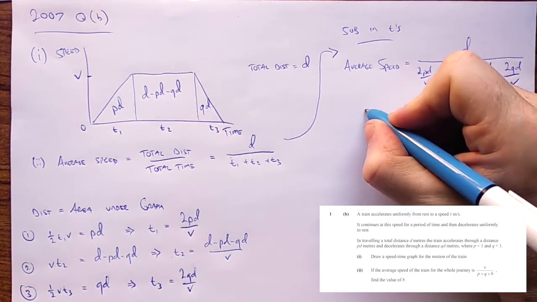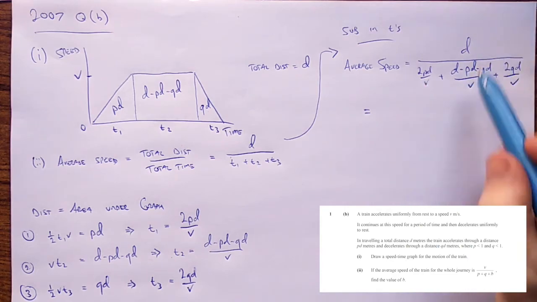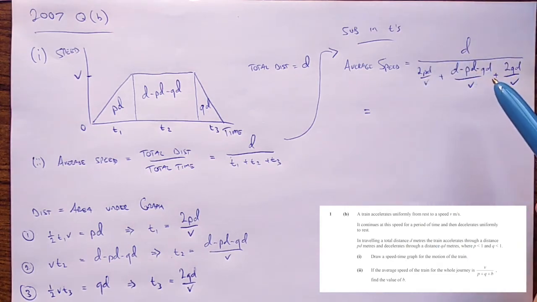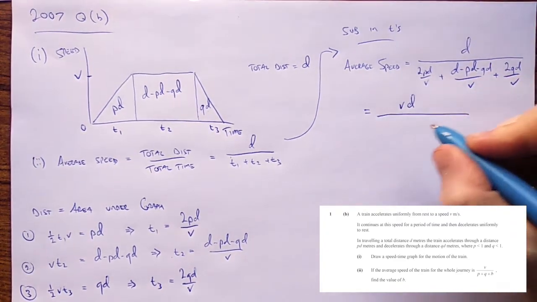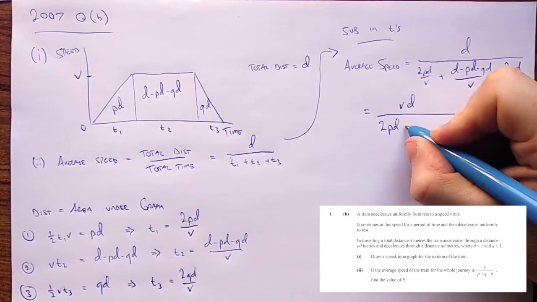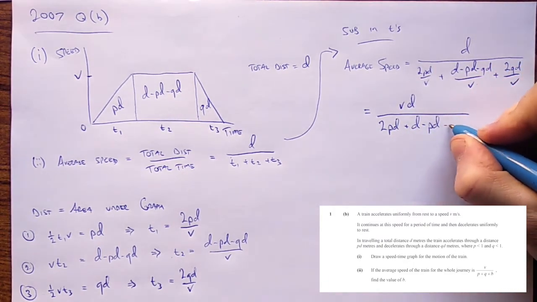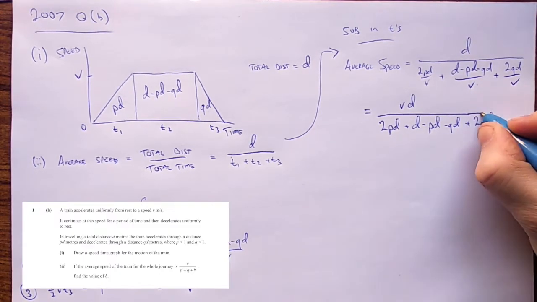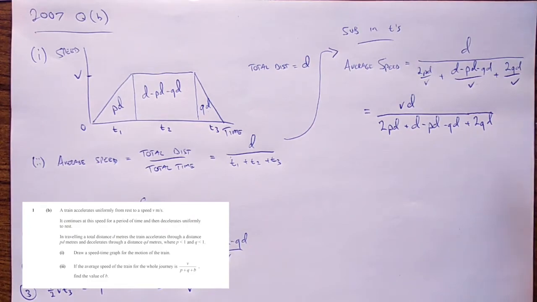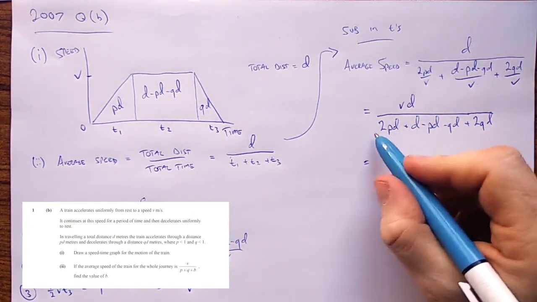So first thing, I'm going to multiply everything by v. So we're going to get vd all over 2pd plus d minus pd minus qd plus 2qd. Because I just don't like fractions and fractions, so we'll get that one out of the way first. Now, secondly, we'll do a bit of housekeeping.